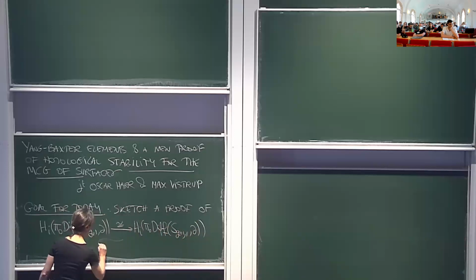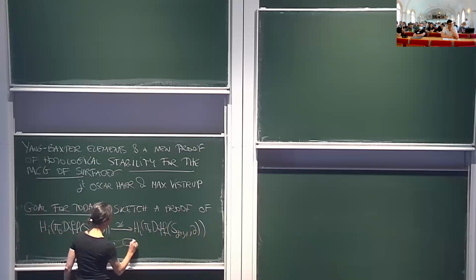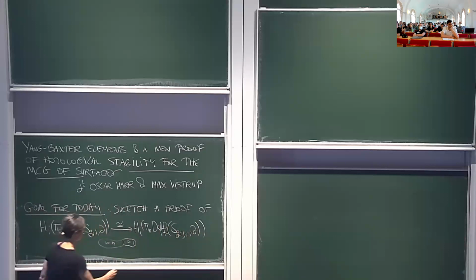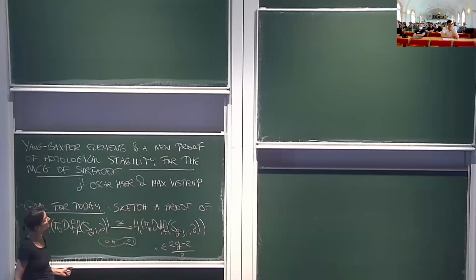So I go from a surface of a certain genus with diffeomorphisms fixing the boundary component, and I increase by adding a little genus piece. And this is an isomorphism in degrees i smaller or equal to (2g minus 2) over 3.